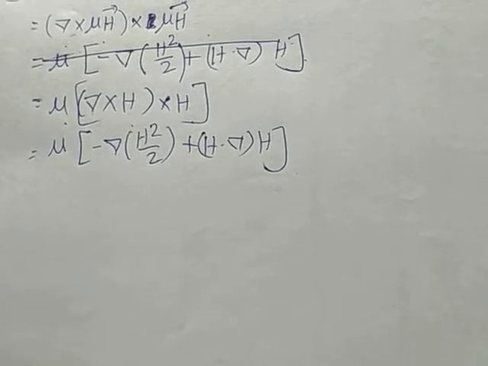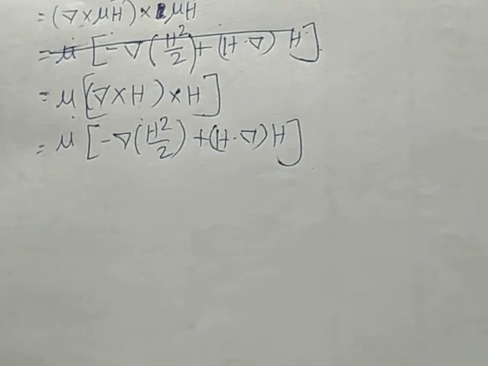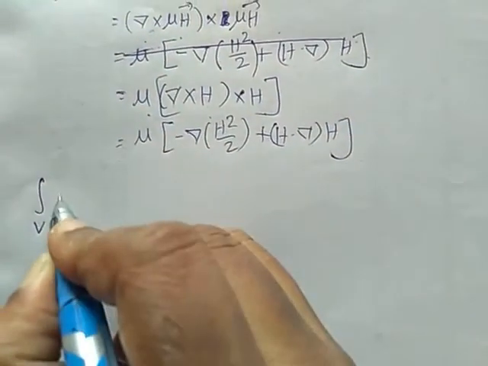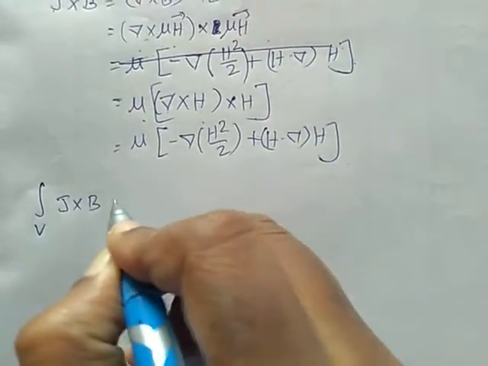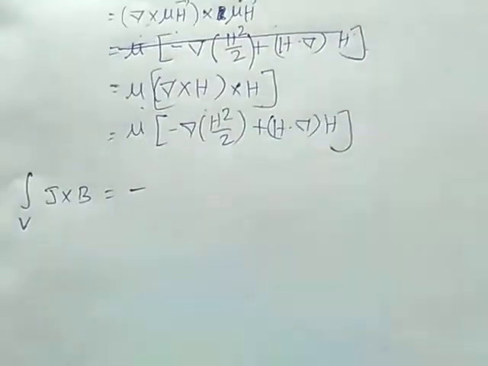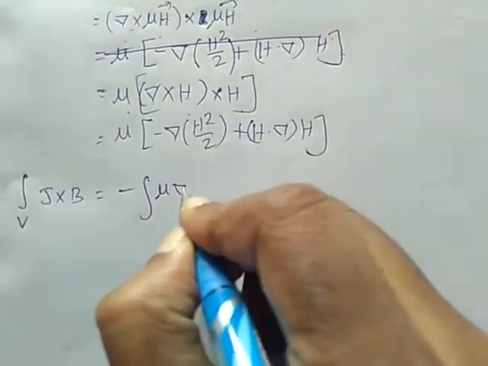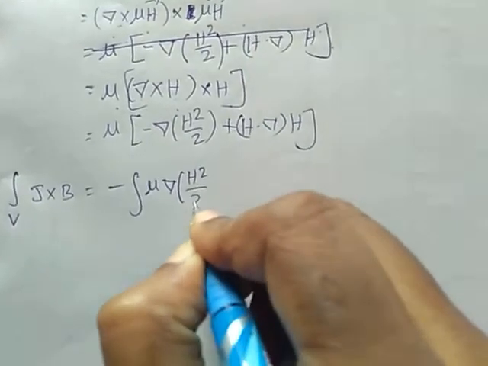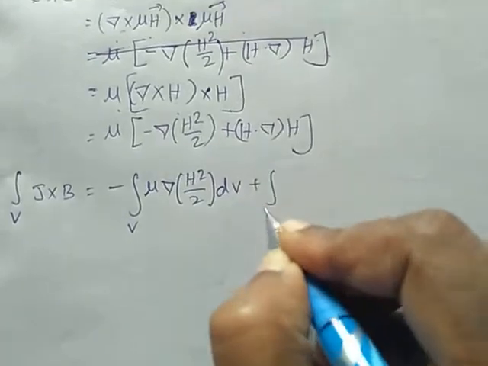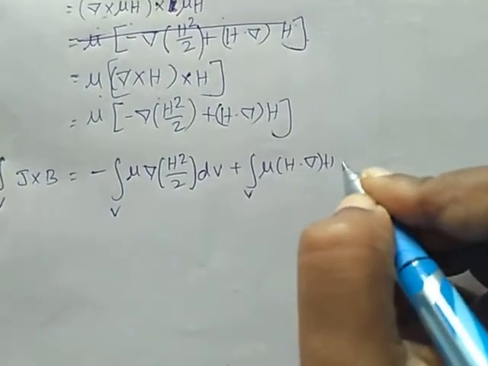Now we are going to integrate this equation with respect to volume V. So the volume integral of J cross B is equal to the integral of minus mu del of H square by 2 dV plus mu into H dot del of H dV.